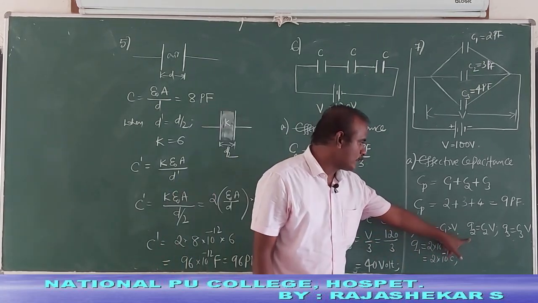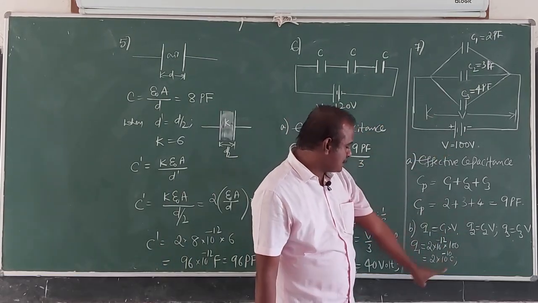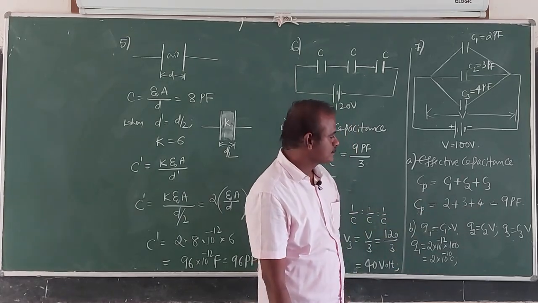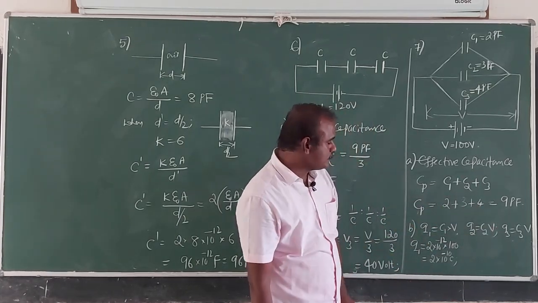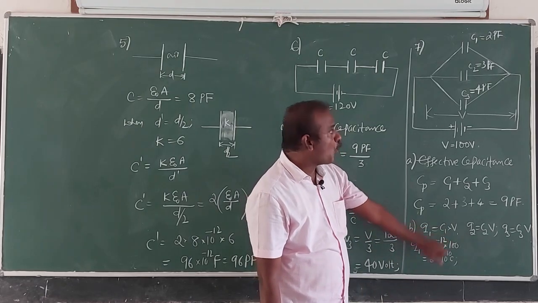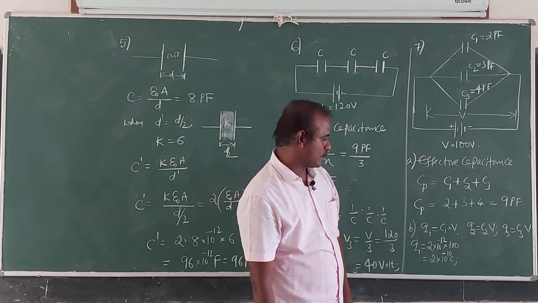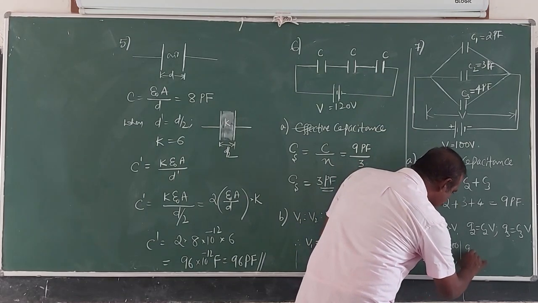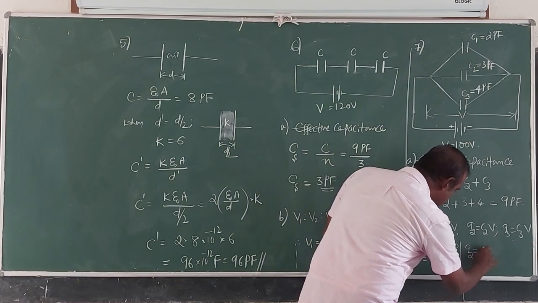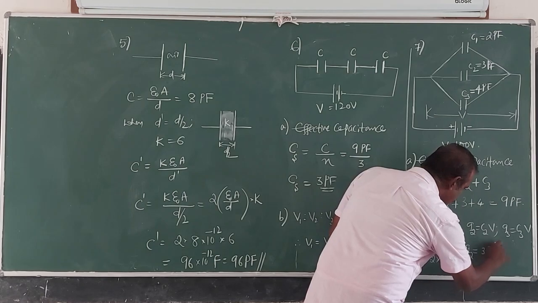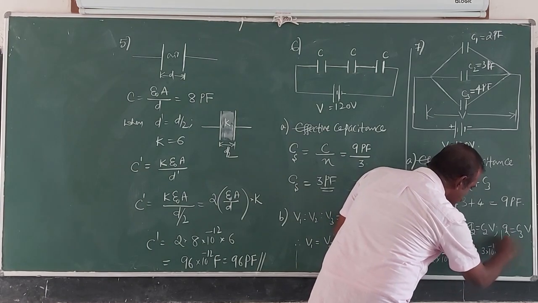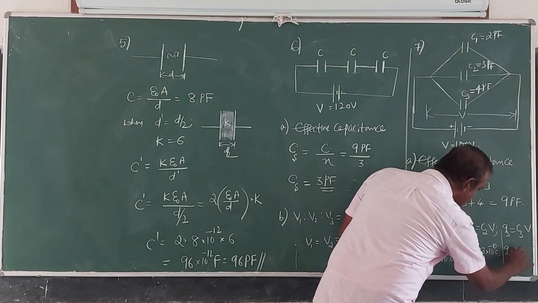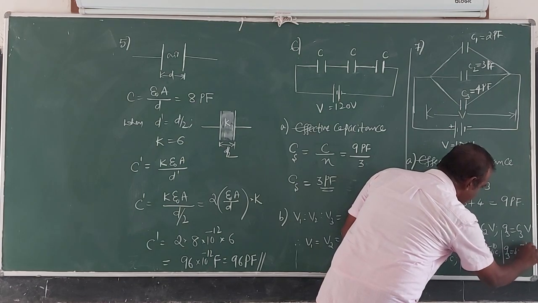Similarly, Q2 comes out to be 3 into 10 power minus 10 coulomb, and Q3 comes out to be 4 into 10 power minus 10 coulomb.